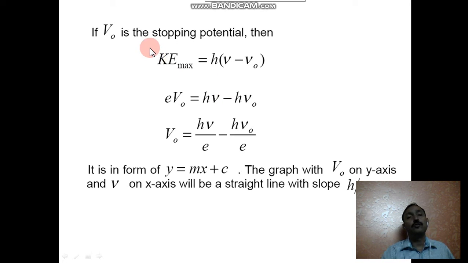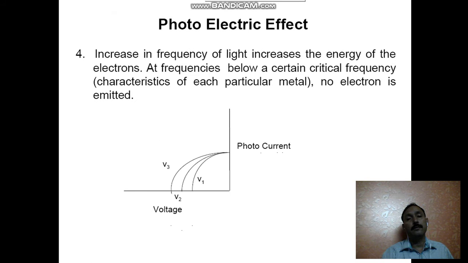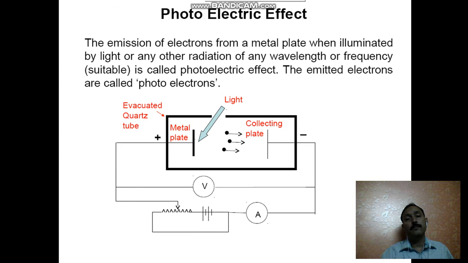If V naught is the stopping potential, just come back to the previous slide. Here it is in reverse bias. That means this negative potential is barring the electrons from coming from the positive plate to the negative plate.